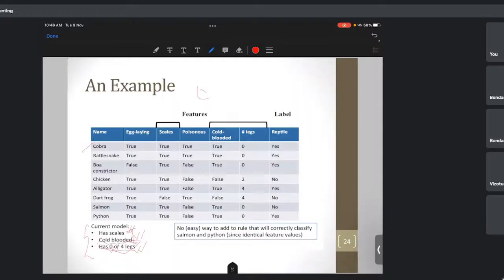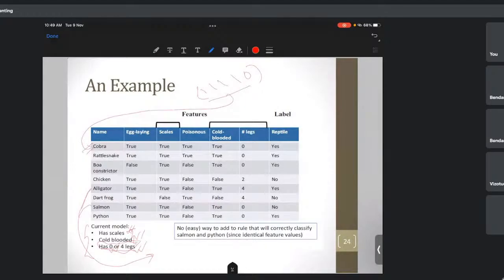In both data points, these creatures are egg-laying, have scales, are poisonous, cold-blooded, and have no legs. So that is our initial model.